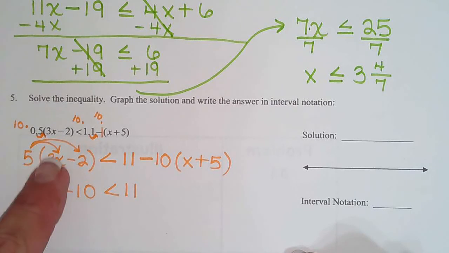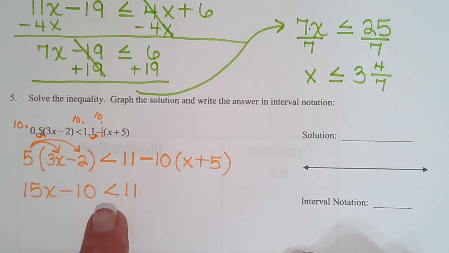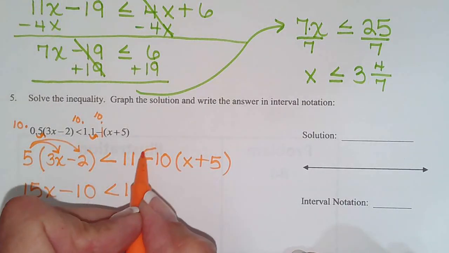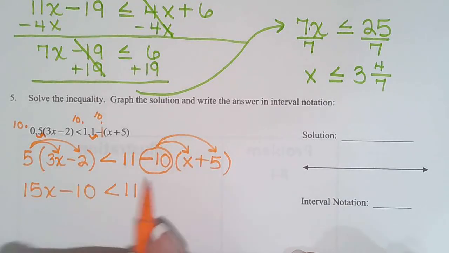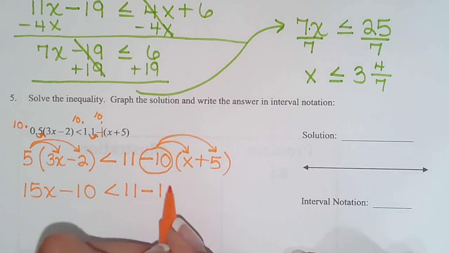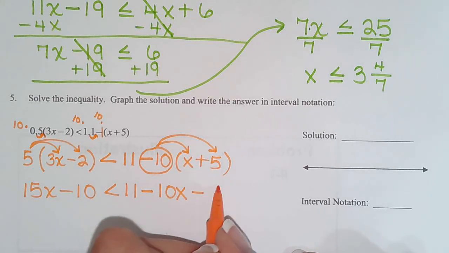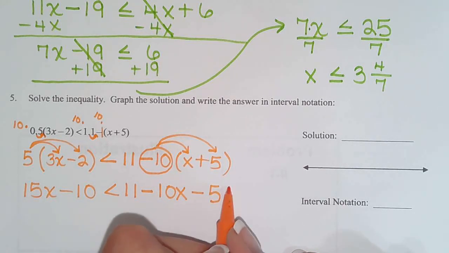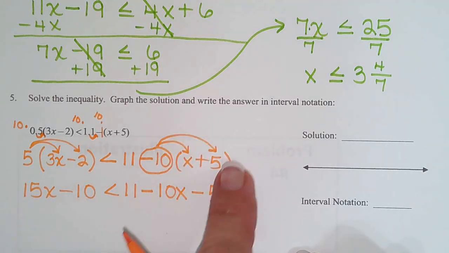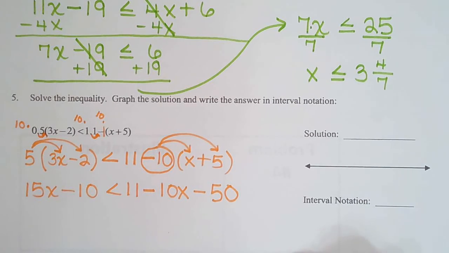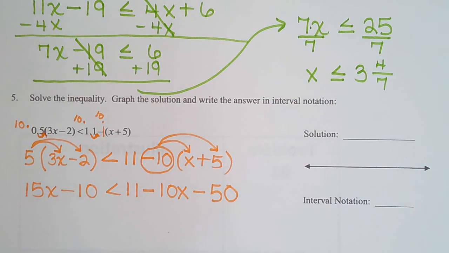So 15x minus 10 less than 11, and this time we're going to be distributing negative 10. So 11 comes down, negative 10 times x, negative 10x, negative 10 times 5, negative 50. And we'll stop there and start on this in the next video.